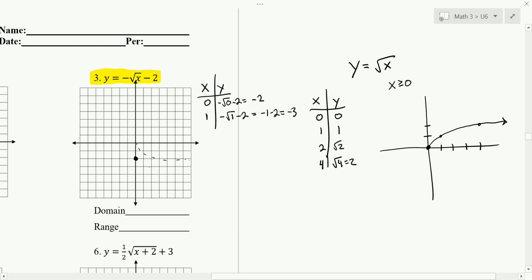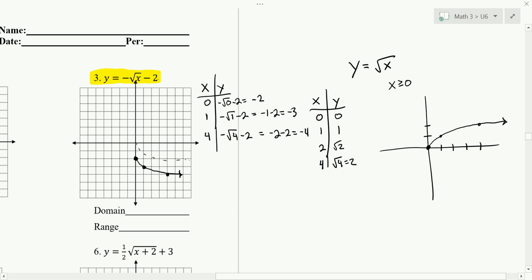So I could plot that at 1, negative 3. And if I plug in 4, I get negative square root 4 minus 2, which is negative 2 minus 2, or negative 4. So go right 4, down 4. And that gives us a sketch of our graph.